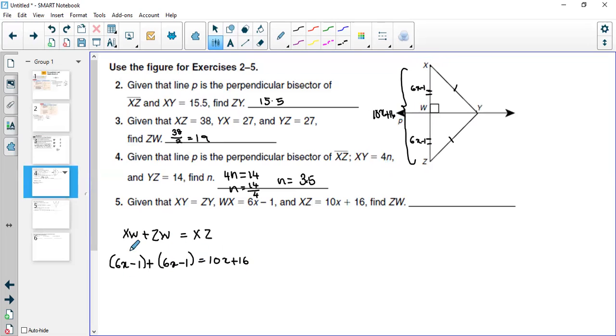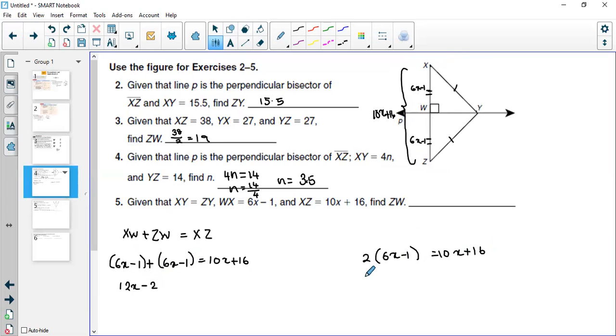Now instead of writing this, you could simply write it as 2 multiplied by 6x minus 1 equals 10x plus 16. Why did I write 2 times 6x minus 1? Because the whole length is 2 times each half. So whether you add this or you multiply this, you're going to get the same expression. So 6x plus 6x is going to give you 12x, and then minus 1 minus 1 is going to give you minus 2.